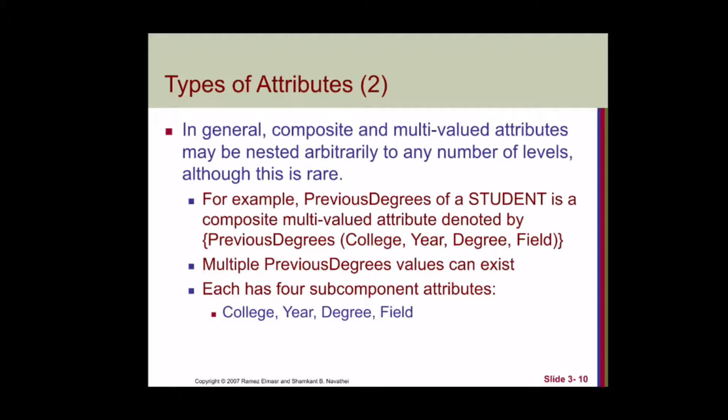Here we have a composite attribute as well as a multi-valued attribute, which is previous degree, since a student might have multiple degrees. Then if you want to describe a particular degree, we can have subfields: in which college he studied, in which year he passed out, the name of the degree, and in which field he did a particular specialization. Multiple previous degrees can exist, and each has subcomponent attributes like college, year, degree, and field.